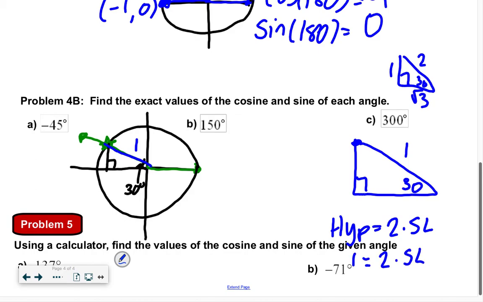What's my shorter leg? 1/2. So my 1/2 goes on this length. I'm going to label it over here. Is it positive on my unit circle or negative? Positive. It's a positive half.